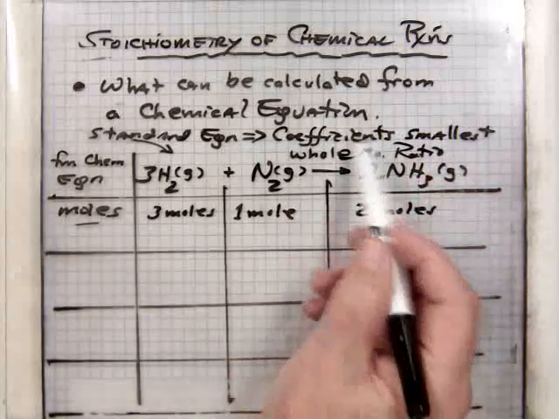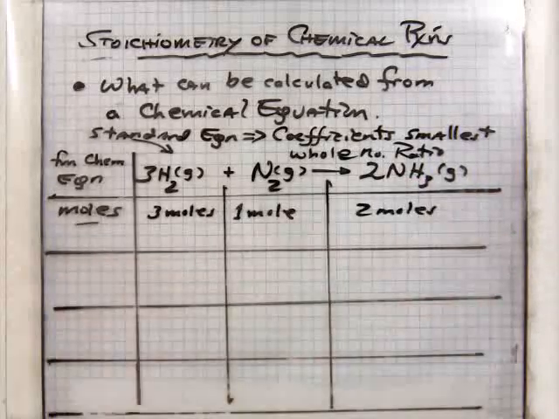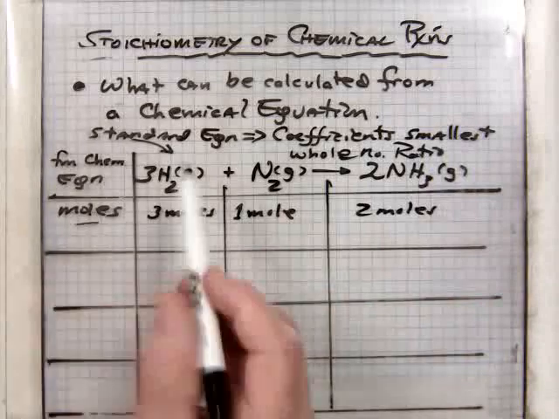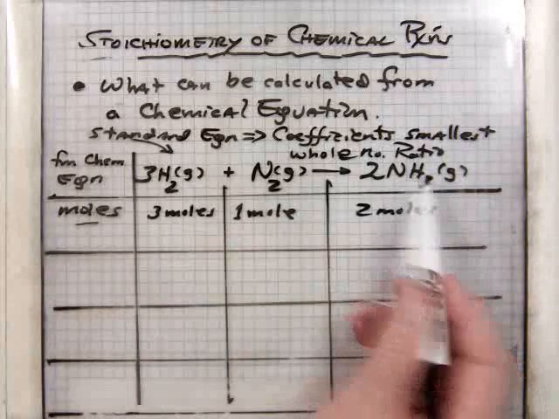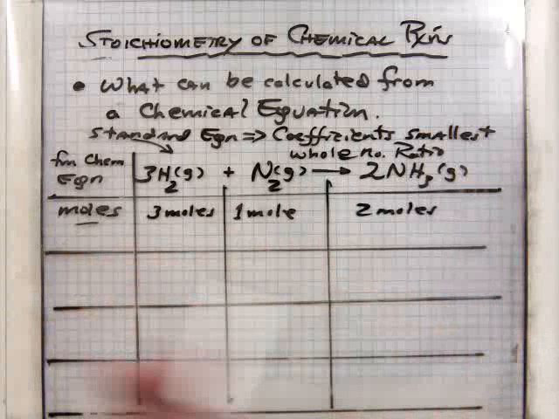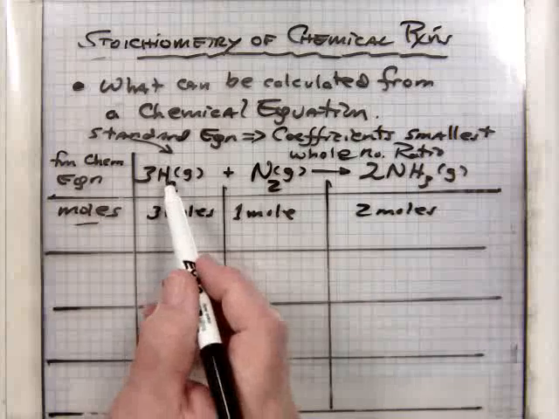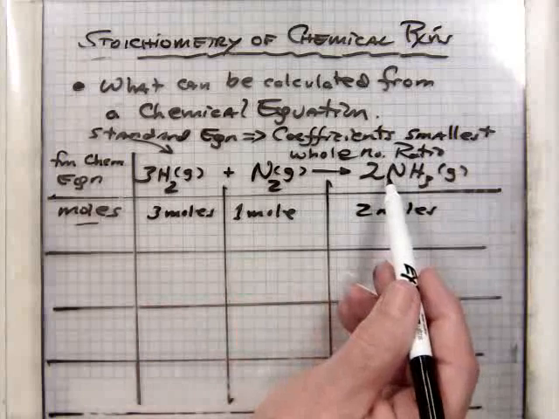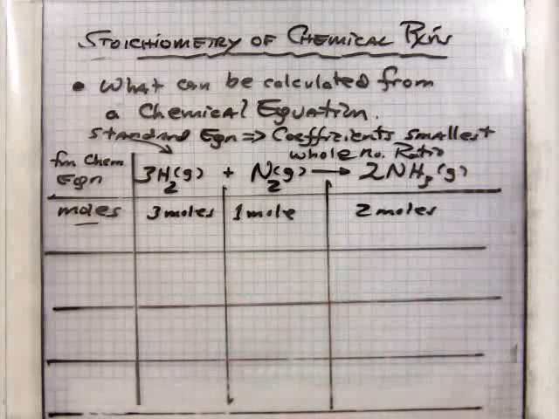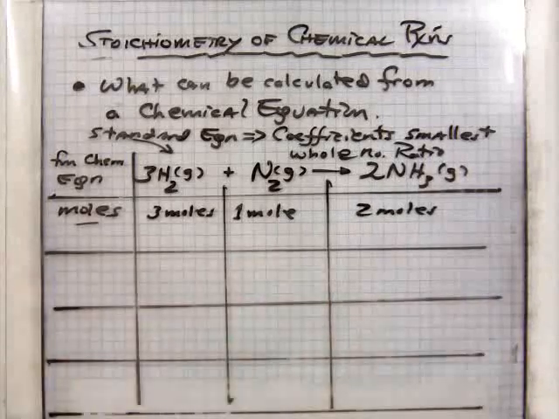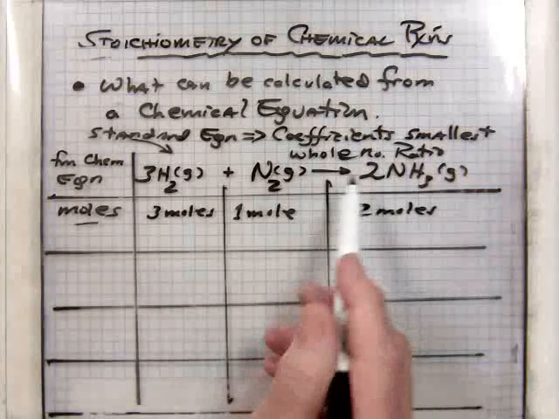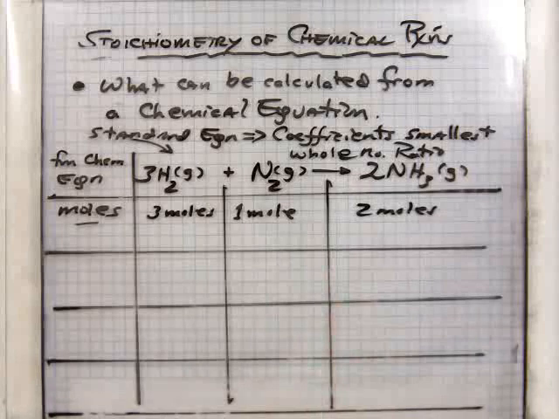So you see the coefficients are in the smallest whole number ratio. Now I can divide by 2, multiply by 2, or whatever number, and the equation's still valid. You just have to do it all the way through the equation on both sides of the arrow. And I could double this, goes 6, 2, and 4. It's still a valid production equation. It's just not in standard form if you do that. But you can scale it up or scale it down relative to the mole values.